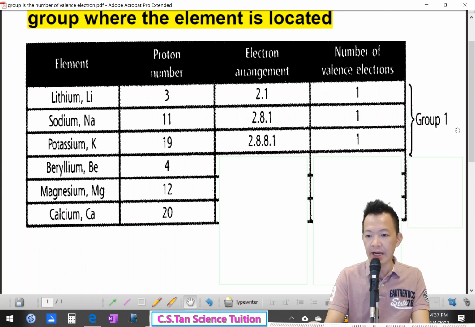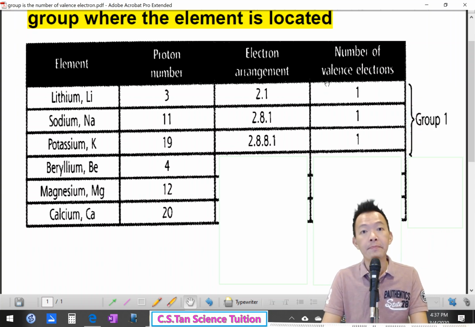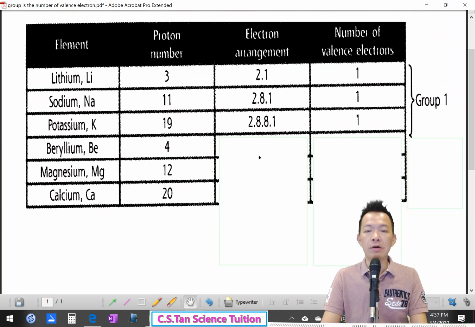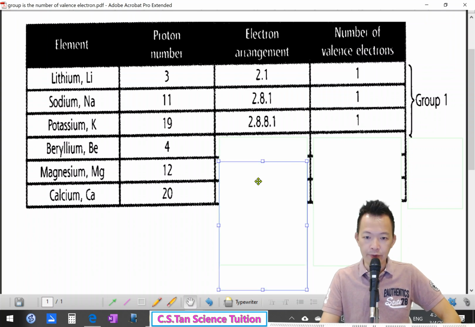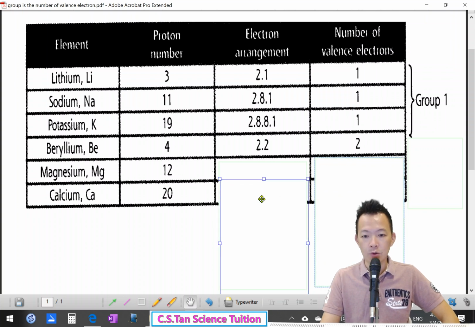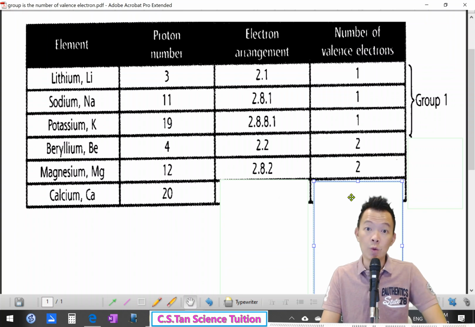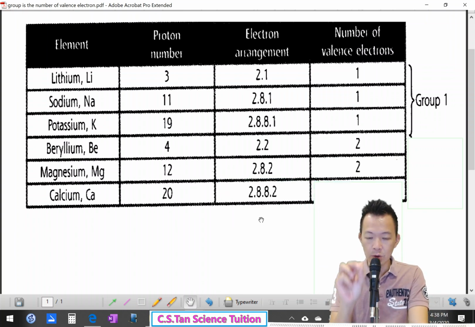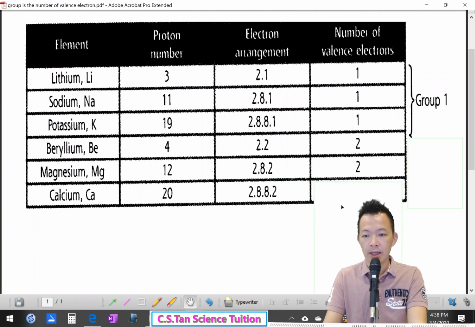Beryllium has proton number 4, so the electron arrangement is 2.2. The valence electron in the last shell is equal to 2. Magnesium is 2.8.2 and the number of valence electrons is 2. Calcium is 2.8.8.2 and the number of valence electrons is 2.